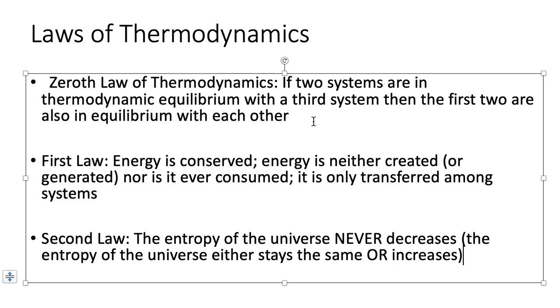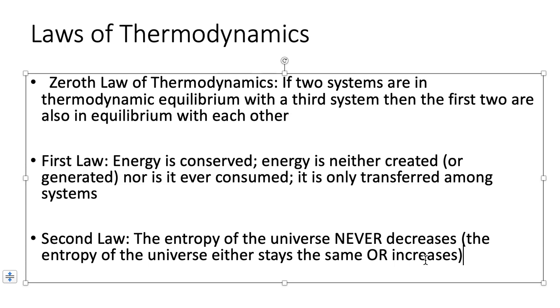And so the second law is a little bit weaker than the first, in that we know energy is never created or destroyed. Entropy, on the other hand, either stays the same or it can actually be created because, again, the entropy of the universe can go up, it can increase, so entropy can actually be created.